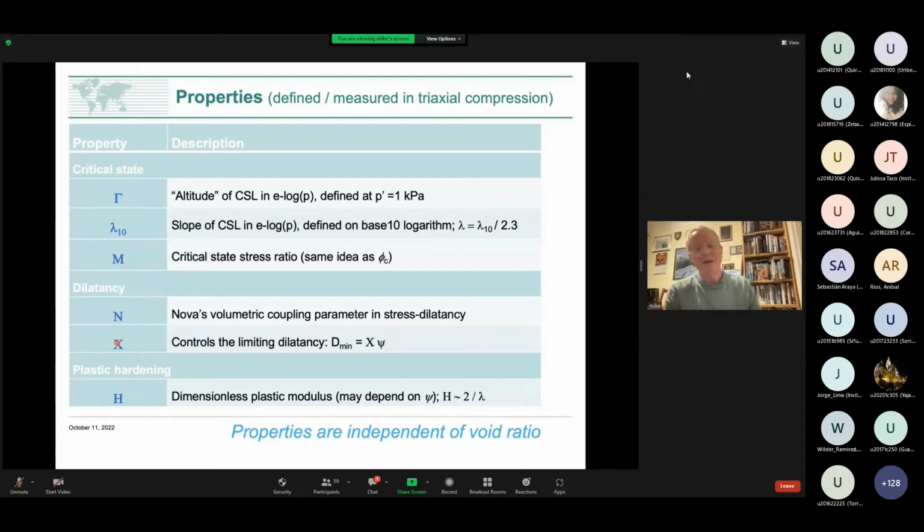So that's the parameter there, and that controls the limiting dilatancy. And again, I will show you some data to illustrate how they work. And then there's a plastic hardening modulus, which is roughly the equivalent of Young's modulus, if you will. It's very closely related to lambda. As you get more compressible, the soil gets less stiff in shear. I'll show you the role of that parameter.